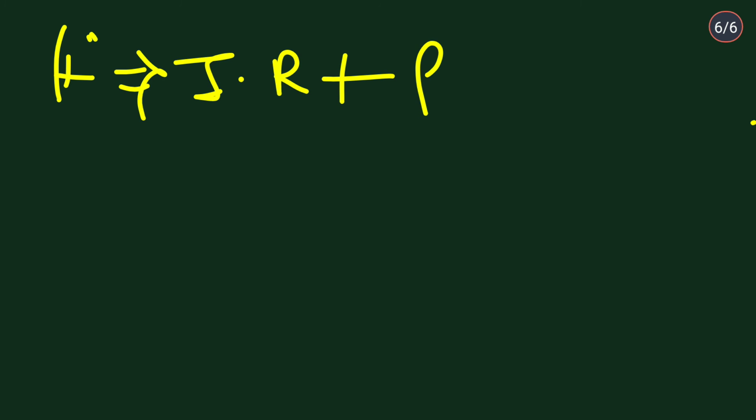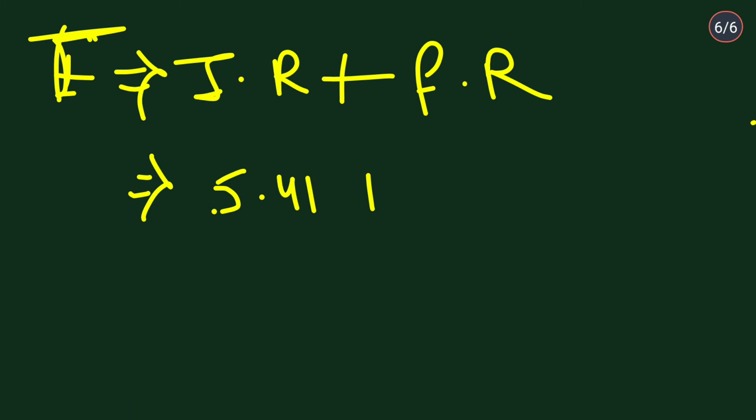Hence the final reading of B is the initial reading plus the length measured. The initial reading was 5.41 millimeter, and the part of the object measured was 11.37.